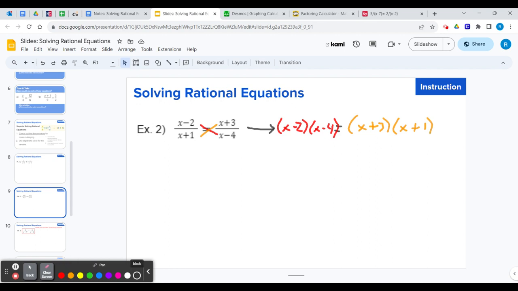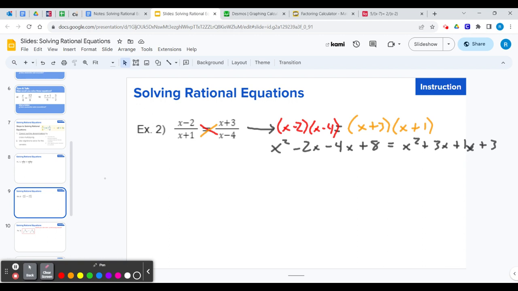Then we can start simplifying. So we multiply these out, we get x squared minus 2x minus 4x plus 8 equals x squared plus 3x plus 1x plus 3.